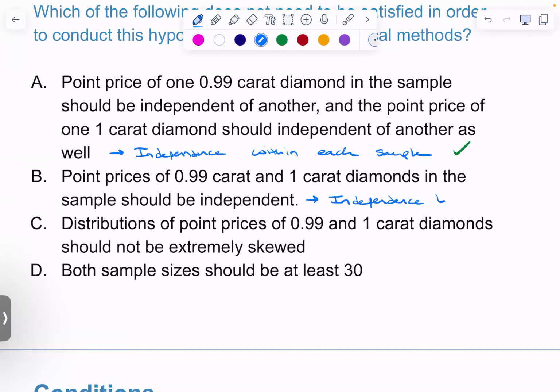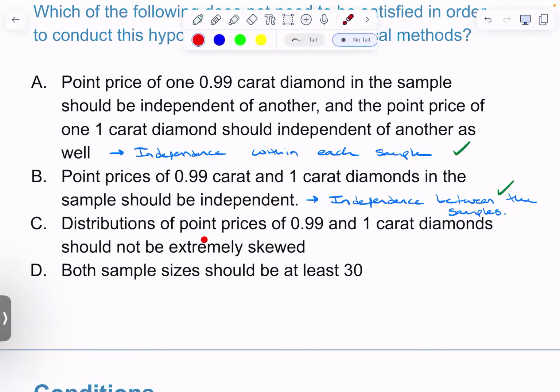If you don't have independence between the samples, then they would be paired. Right? Which would make it a paired data type of question, right? Which would change your analysis. So this one is also a go for our analysis, and something that we would need to check.